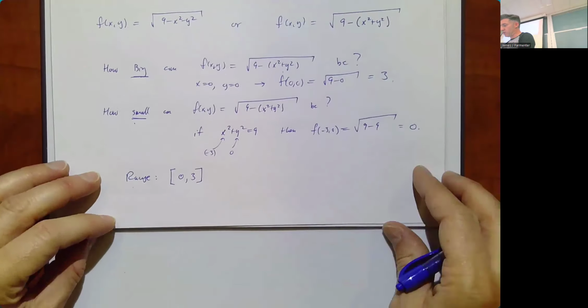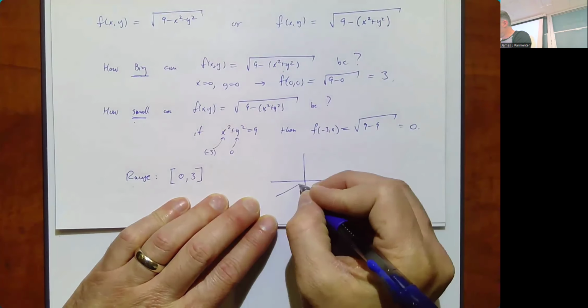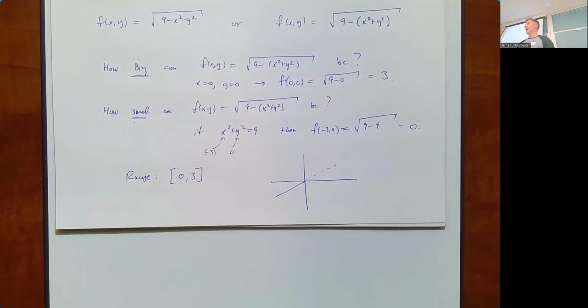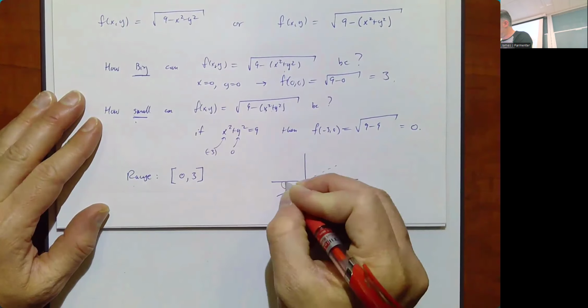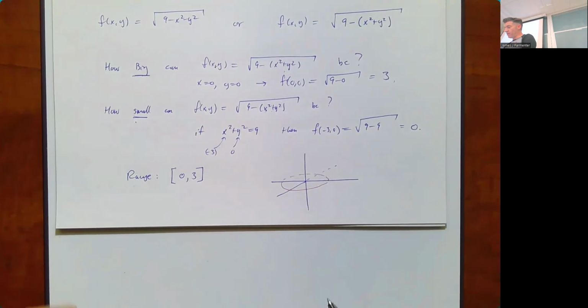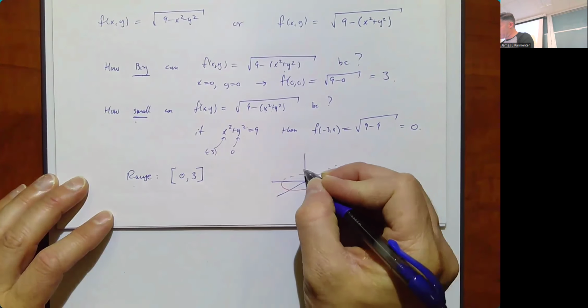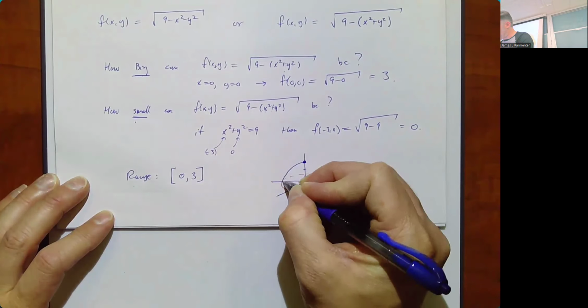Graphically, here's what things look like. In the xy plane, if we set the function equal to 0, we know we end up getting the circle of radius 3. We already did that. And then if x and y are 0, the z value is 3, and we have this hemisphere looking shape.